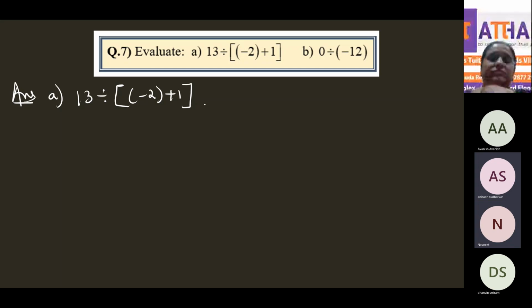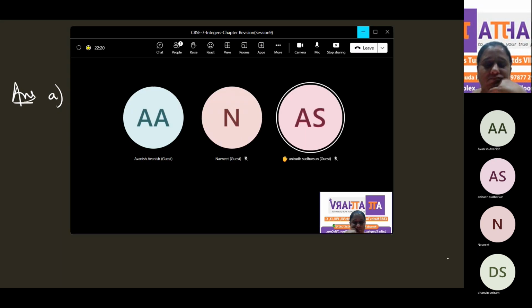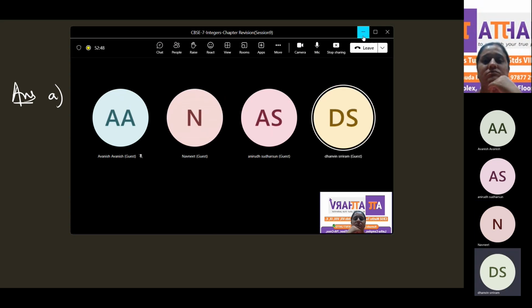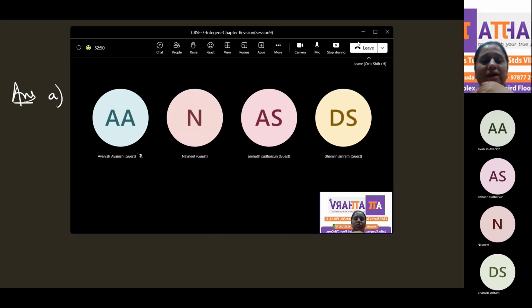Ma'am, Dhanvan is also there. Dhanvin, when did you join? Ma'am, I joined before. But I didn't know that you joined the meeting. Good evening, Dhanvin. Good evening, ma'am. How long since you joined?